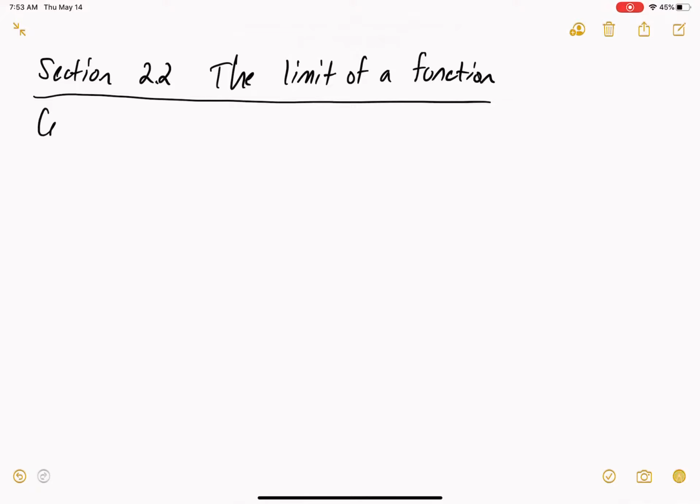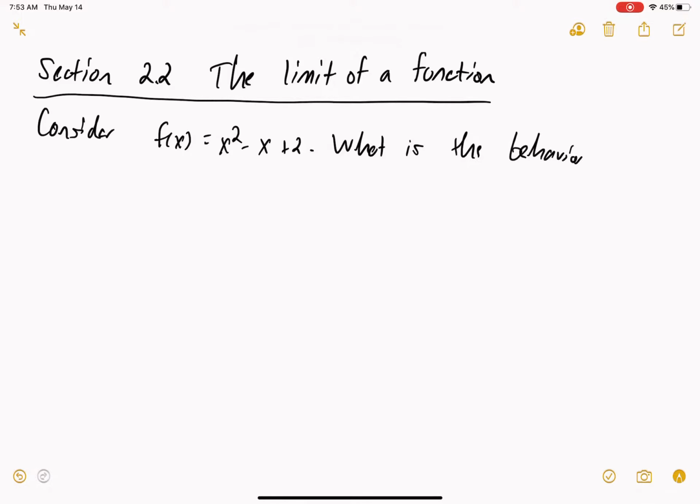So let's consider a function f of x, which is equal to x squared minus x plus 2. I want to see what the behavior of f of x is when x is near 2.